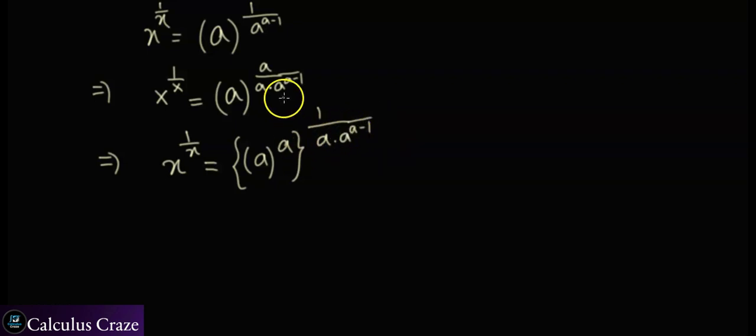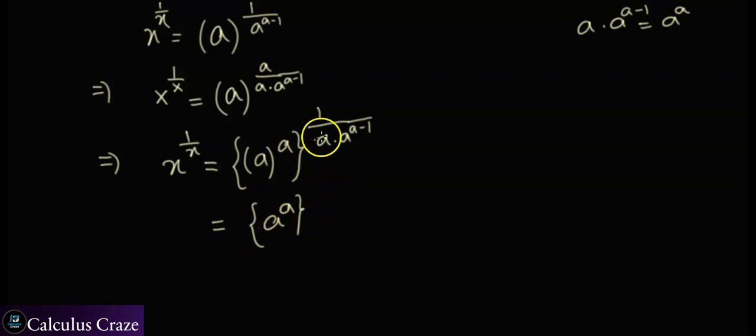If you multiply this, you will get back to this, right? Then a times a minus 1 is basic algebra, it gives me a to the power a. So I will get a raised to the power a, the whole power 1 over a.